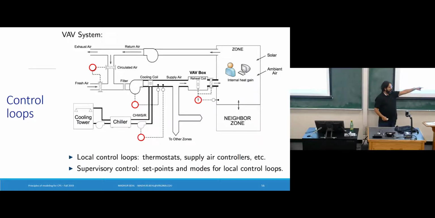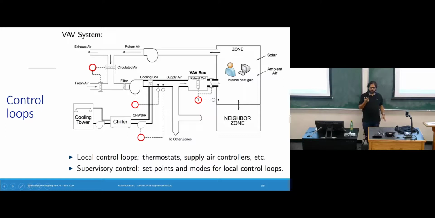Why do we want the temperature at 72? That's like a user preference, or someone external to this operation is telling the system to send it at 55, send it at 42, let the room be at 74. So those set points, or the references themselves, you can think of them as supervisory control, which are different from local control loops, which are PID.